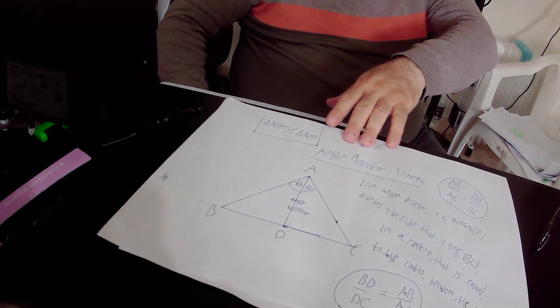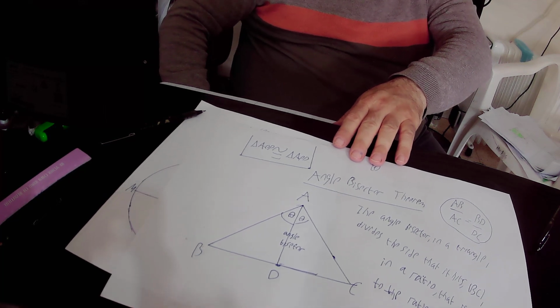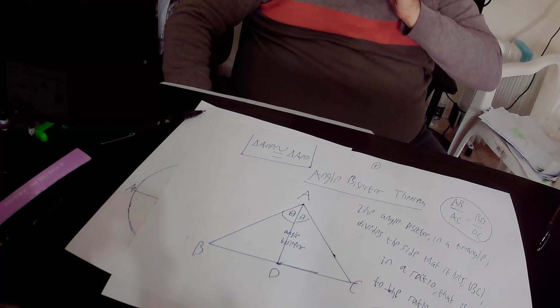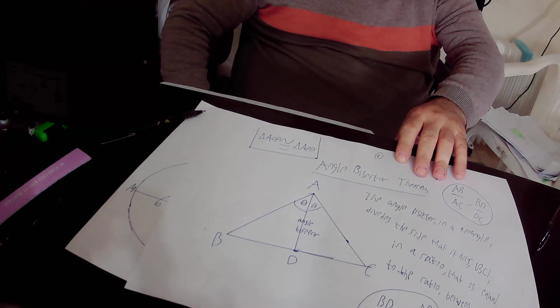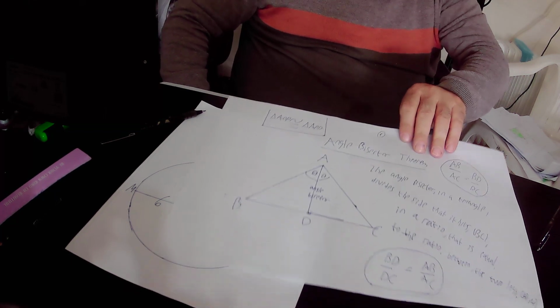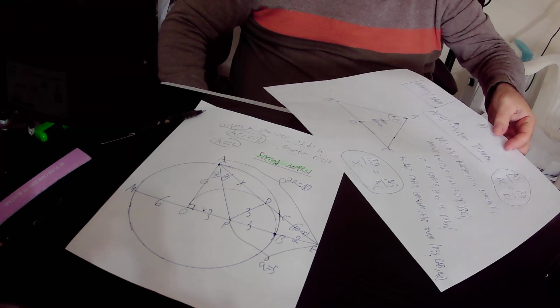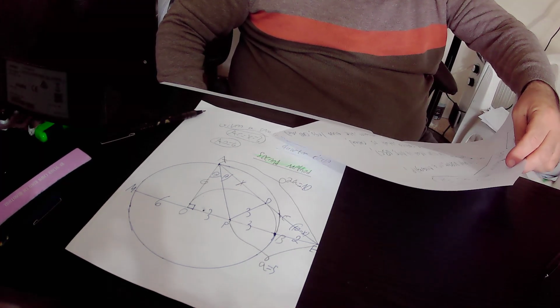And we have the angle bisector theorem that states that the angle bisector in a triangle divides the side that it hits in a ratio that is equal to the ratio between the two legs. Okay?